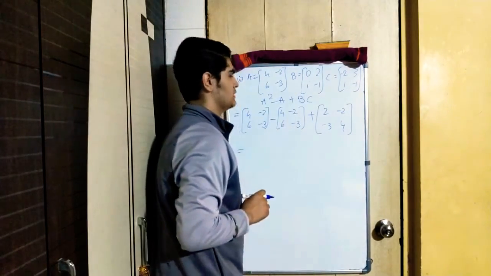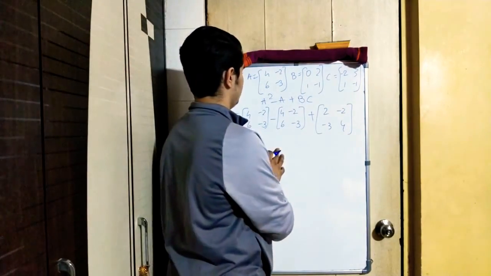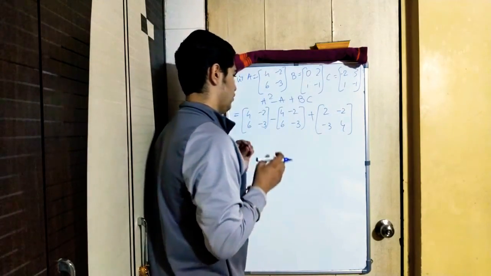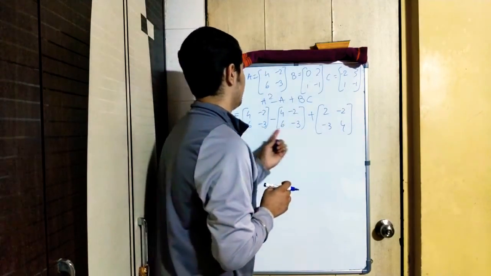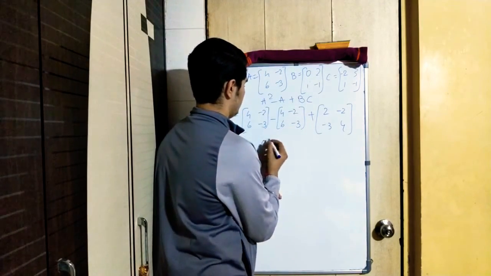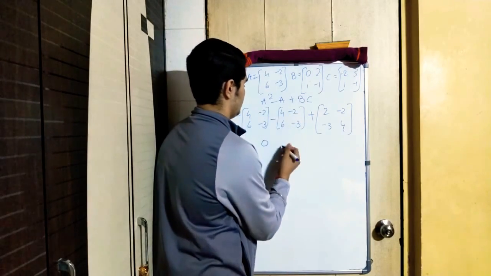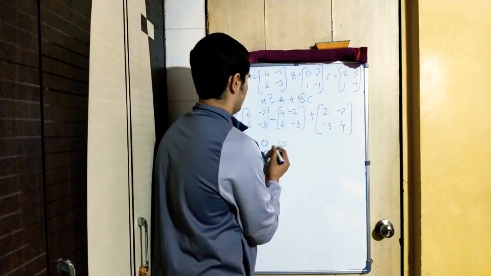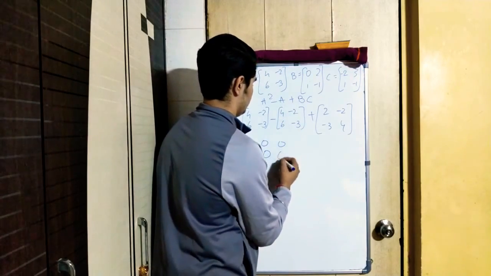You can easily cancel it out, or you can just write the subtraction: 4 minus 4 is 0, minus 2 plus 2 is 0, 6 minus 6 is 0, minus 3 plus 3 is 0.